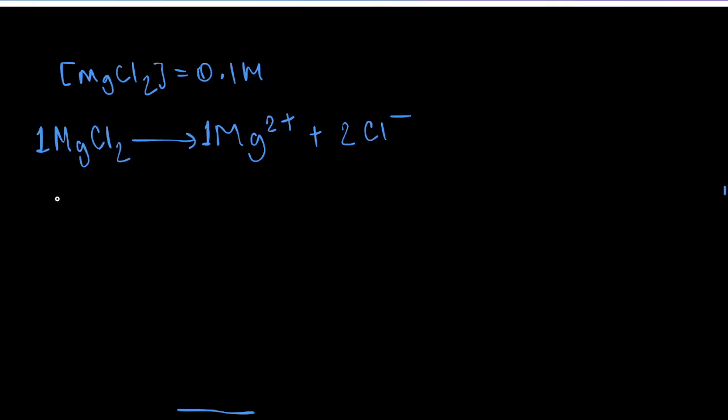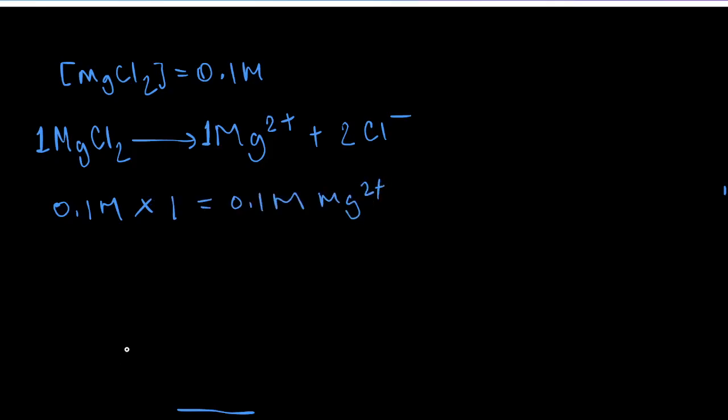We can write it out stoichiometrically, but really, if you remember what we saw last time, we just had 0.1 molar. And we see that for every 1 MgCl2 molecule, we'll get 1 Mg2+. So this should just be 0.1 times 1, giving us an answer of 0.1 molar Mg2+.